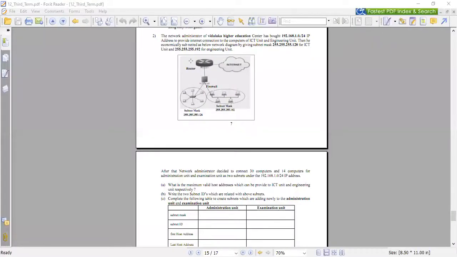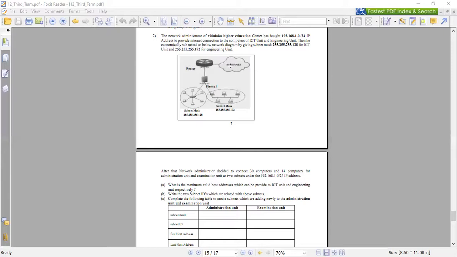Okay, what they are telling: the network administrator of Vidulaka Higher Education Center has bought 192.168.1.0/24, which means you don't have subnets. It's a class C address to provide internet connection to the computers of the ICT unit and engineering unit. Then he subnetted as in the network diagram, giving subnet mask 255.255.255.128 for the ICT unit and 255.255.255.192 for the engineering unit.